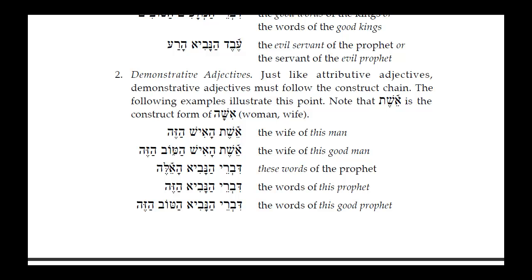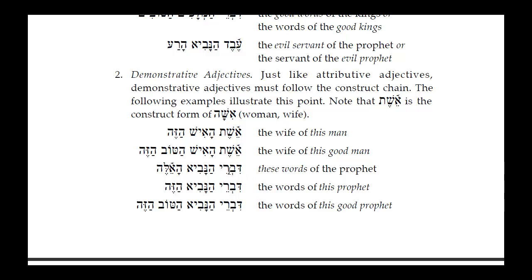The attributive adjective always comes after the noun. Then if there is a demonstrative adjective, it comes after the attributive adjective. So Hatov, and the demonstrative adjective agrees with Hatov and Ha'ish.